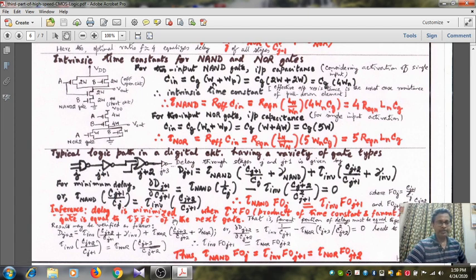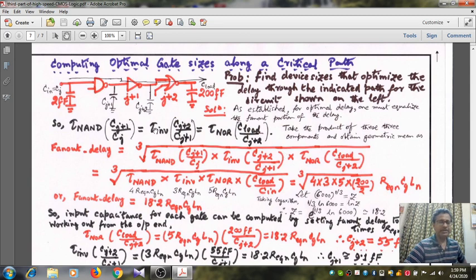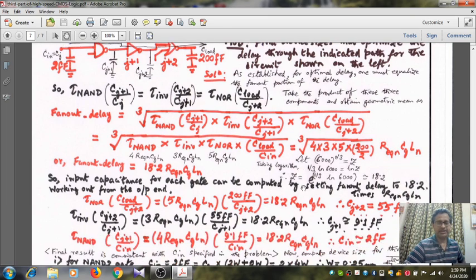Because the time constant will differ and fan out will also differ, but the product of the time constant and the fan out factor can be made equal for individual stages. Based on that, we have solved a problem. In the most general case of a structure which can involve a variety of gates apart from inverters, like NAND gates and NOR gates, if the output load capacitance and the input capacitance are given to us, we can find out unambiguously the size of all the transistors.